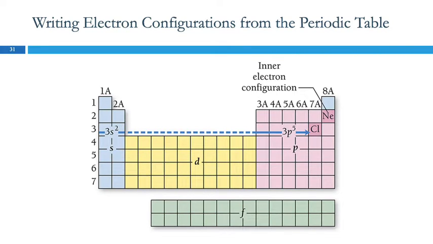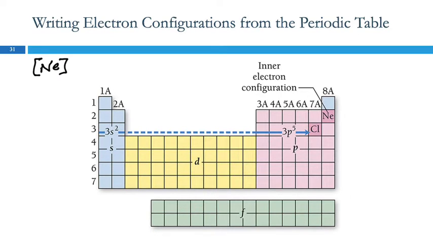So we can use the periodic table to write the electron configuration. So let's look at chlorine, and we're going to do the inner electron configuration for chlorine. So here's chlorine, the element we're interested in. We're going to go up a row and find the previous noble gas. And so, okay, that's neon.